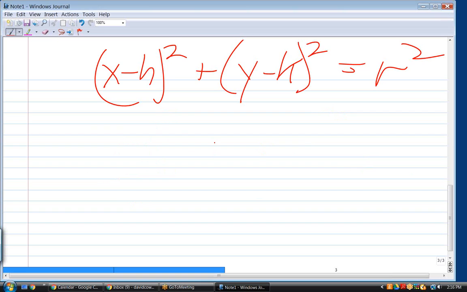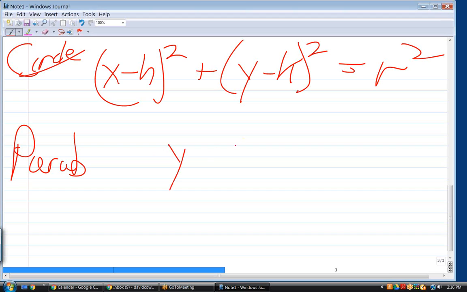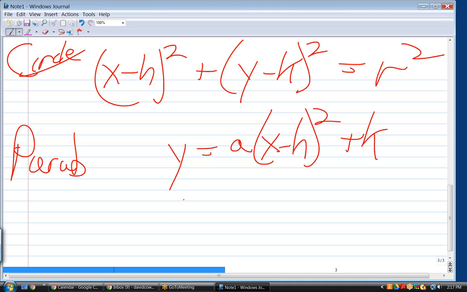Okay. So, in other words, you're telling me that you've learned that, and that's a circle. And for a parabola, you've probably learned two different things. One would be y equals a times (x minus h) squared plus k. But you've also probably learned about horizontal parabolas, right?